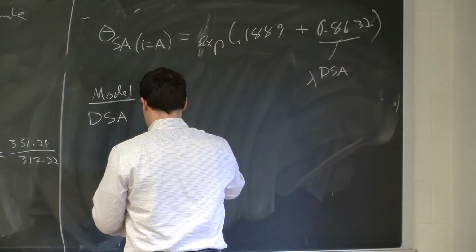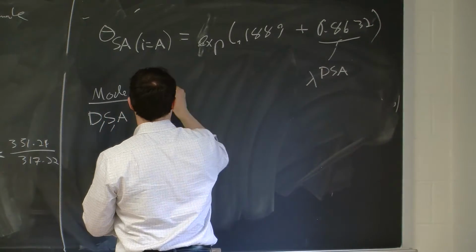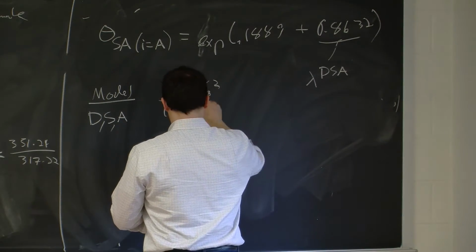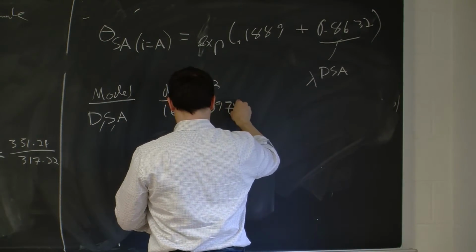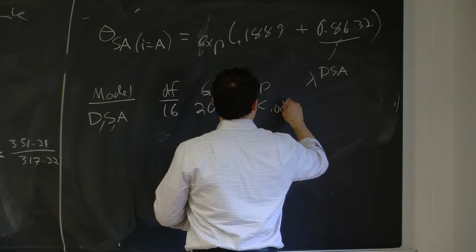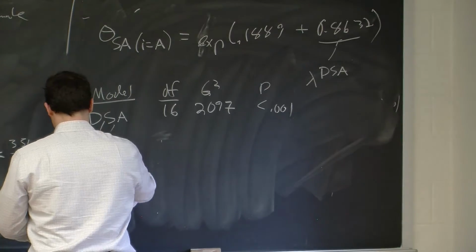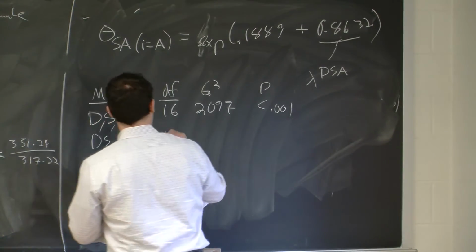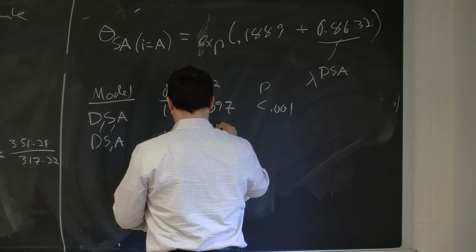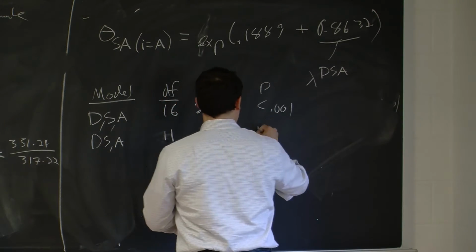DSA, full independence model, 16 degrees of freedom, G squared is 2097, p-value less than 0.001. DSA 11, 876.6.